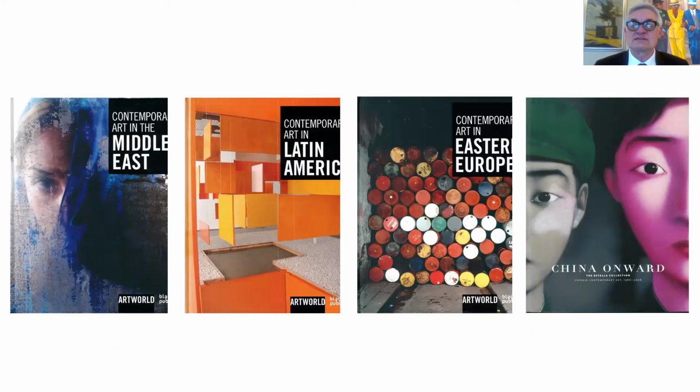Apart from contemporary African art, all of a sudden people start talking about contemporary art in the Middle East, contemporary art in Latin America, contemporary art in Eastern Europe, contemporary Chinese art.